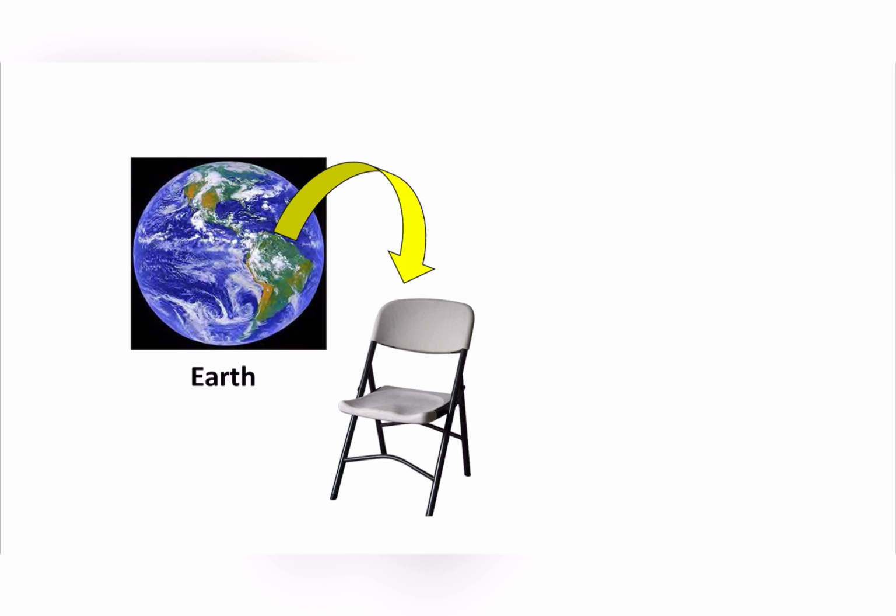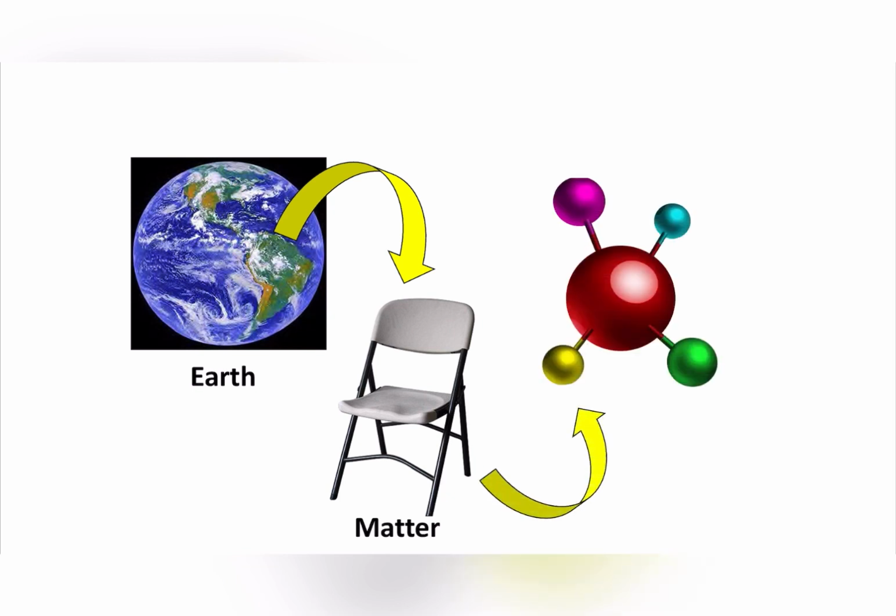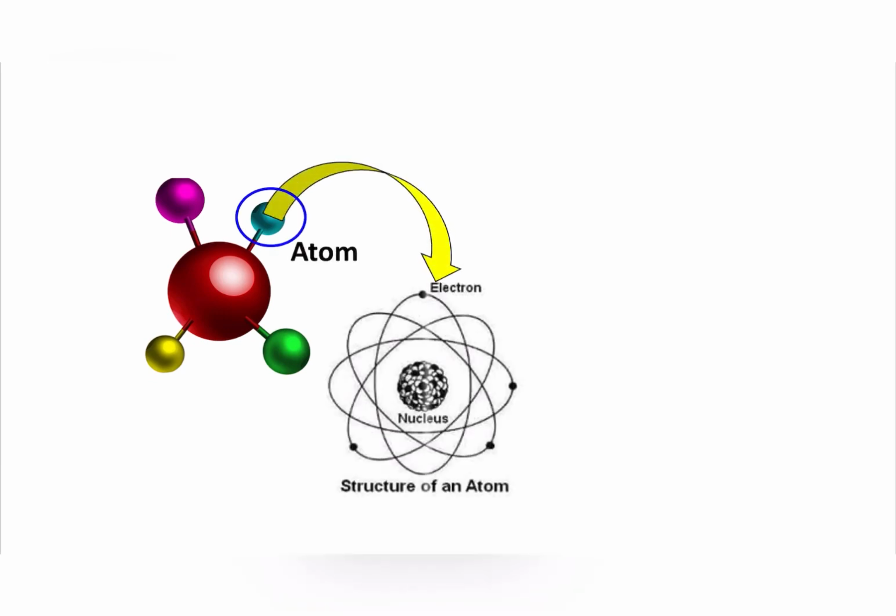Next, for example, I have this chair. In the composition of this chair, we have certain molecules that are made up from simple, small atoms. From this small atom, we can look in more detail at the structure of the atom itself.